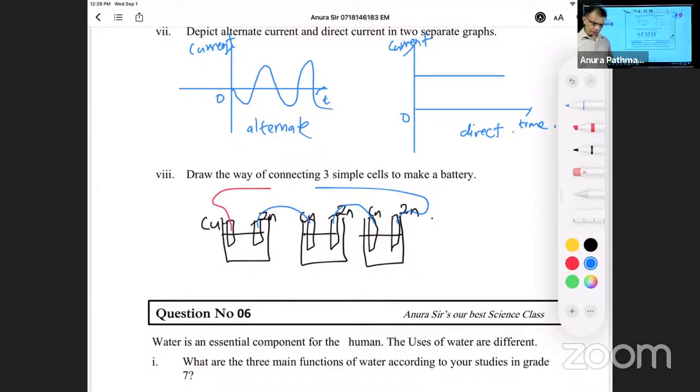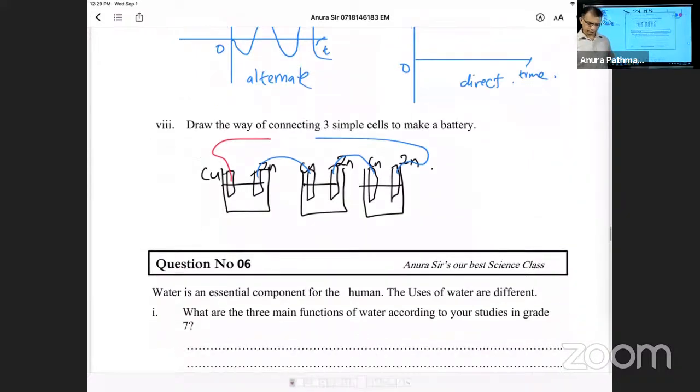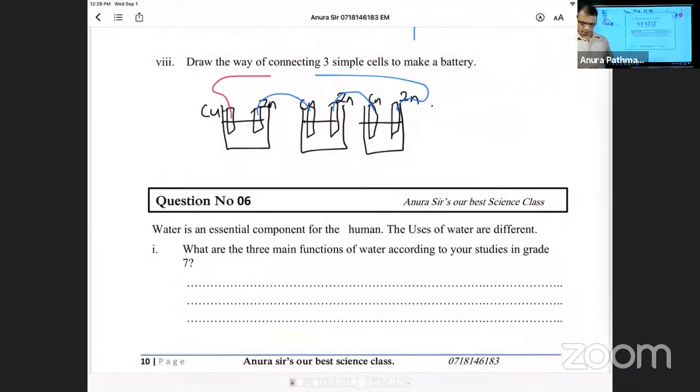Copper, zinc to copper, and then zinc. Okay, sir.